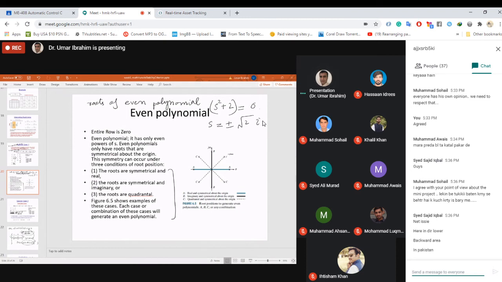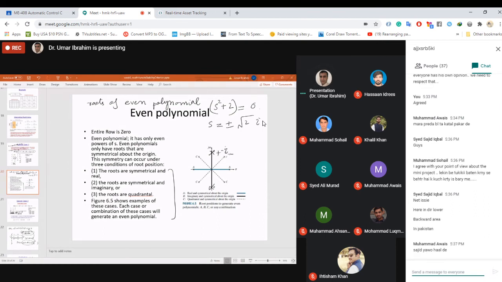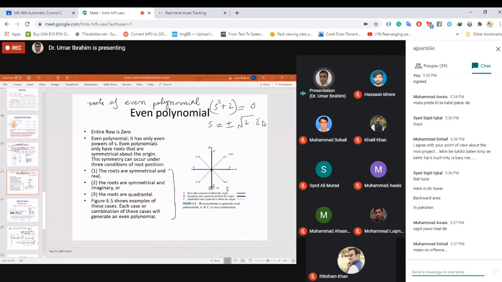That means that one root is at plus root 2 iota and the other root is at minus root 2 iota. The two roots are mirror images across the origin. In simple words, if you ever have an even polynomial, all the roots of the polynomial will have their mirror image across the origin.